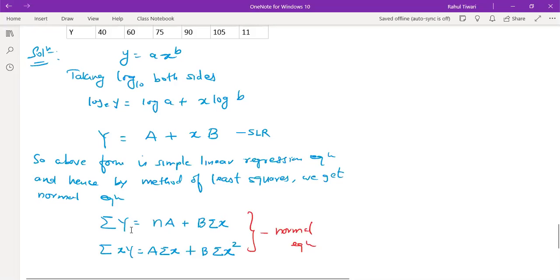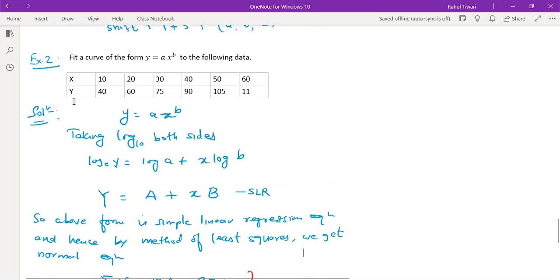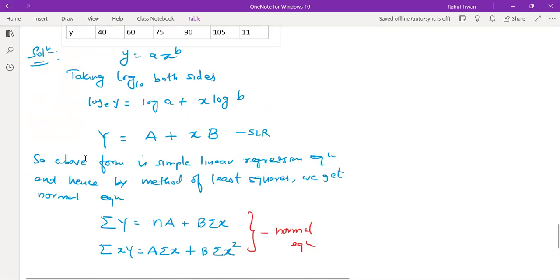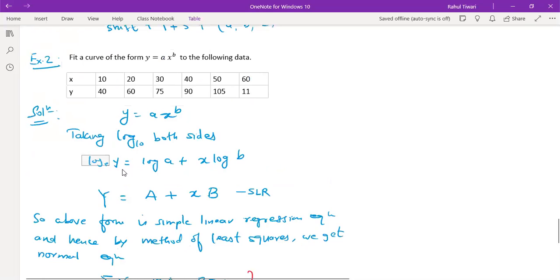You have to find out how many columns you have to create here: x and y, that is your column as usual. This is your x, this is your y. So how many columns do you need to create in this case? Just create a column of log y, and x you have as it is.